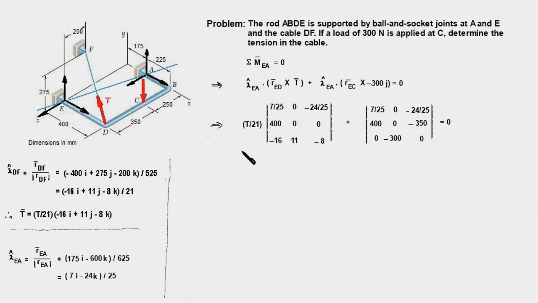So I'm going to use the shortcut method in expanding this equation, and the components of lambda EA will come in the first row of the determinant. The second and third rows would be occupied by the position vector and the force vectors. 7 by 25 will appear here.